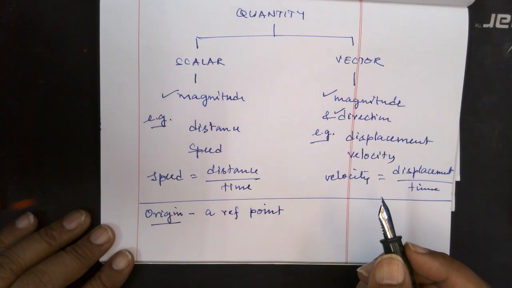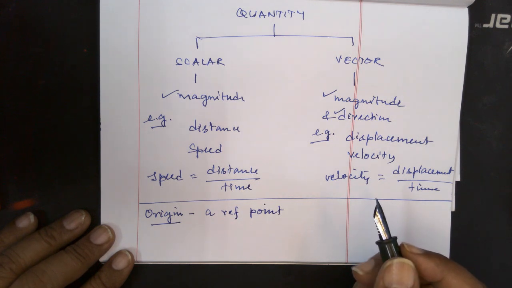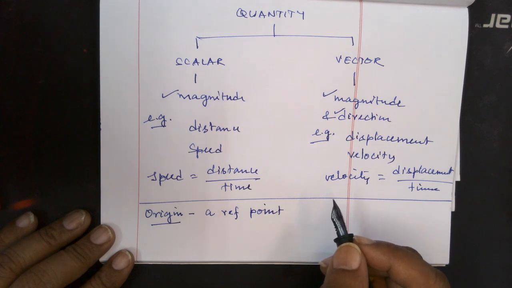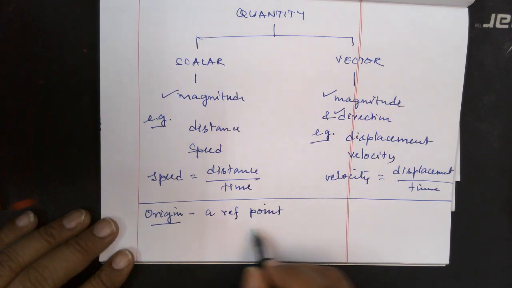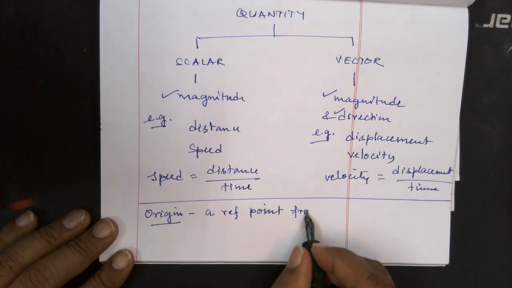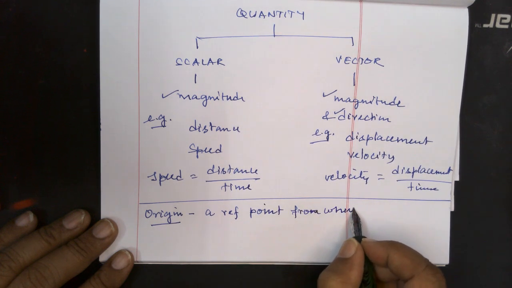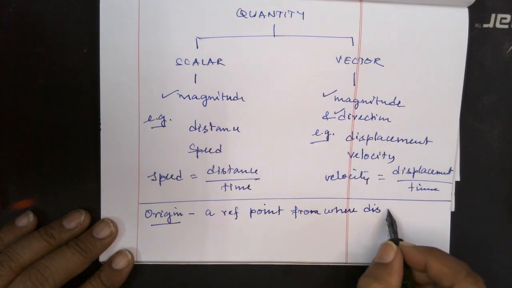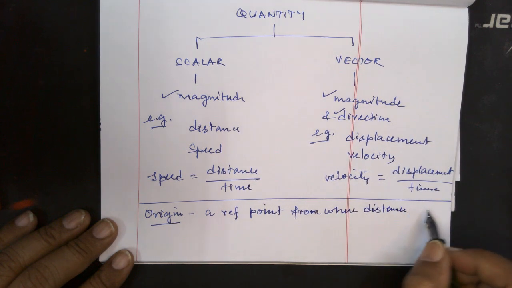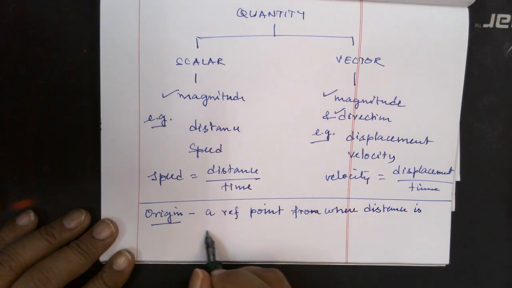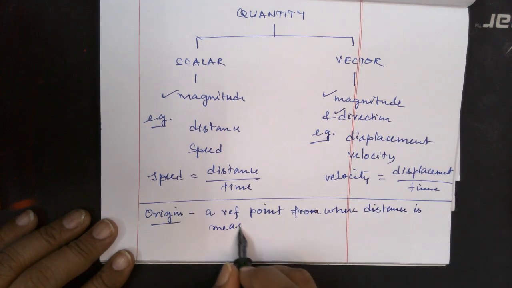Origin is a reference point from where distance is measured.